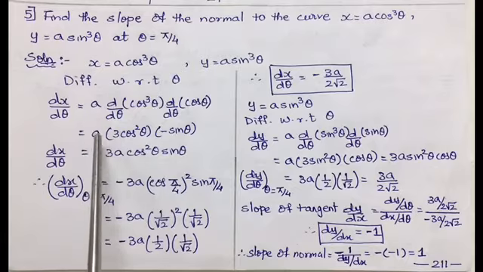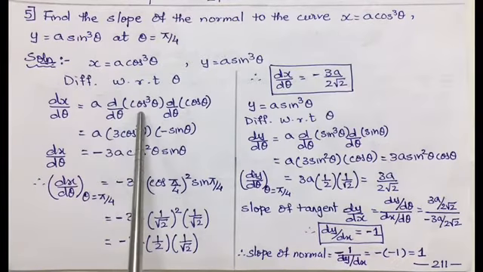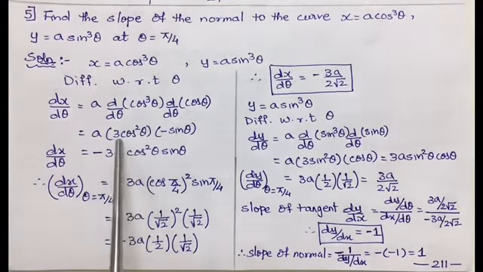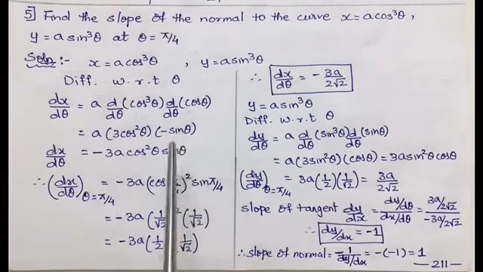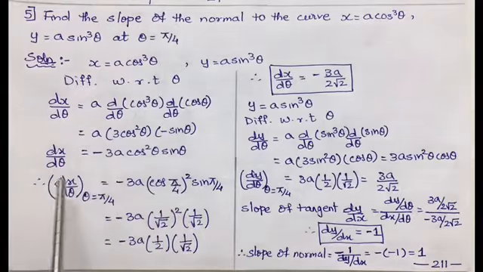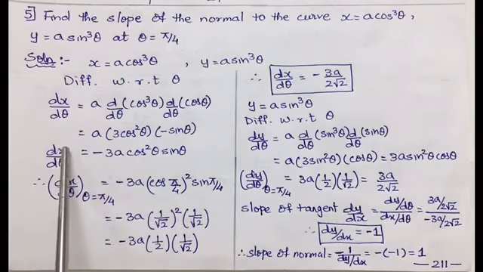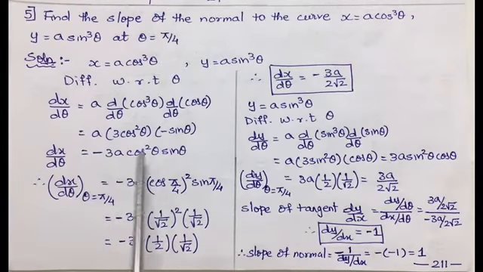So a remains as it is. Derivative of power makes it 3 cos square theta and derivative of cos theta is minus sin theta. So we get dx by d theta is equal to minus 3a cos square theta sin theta.